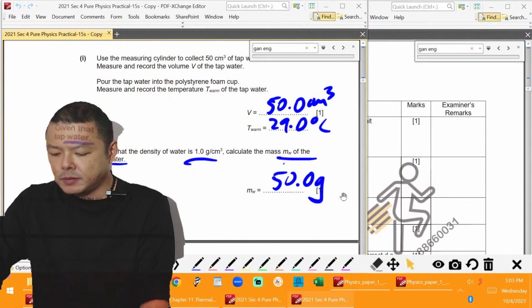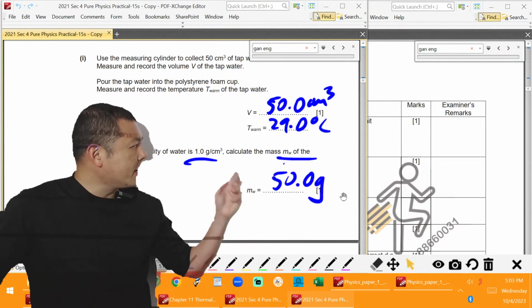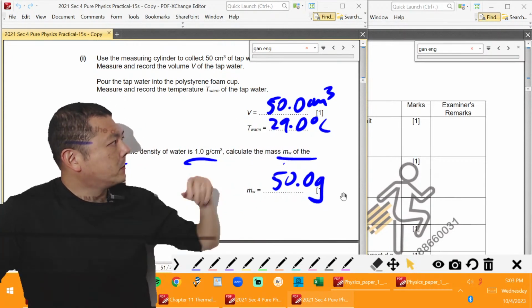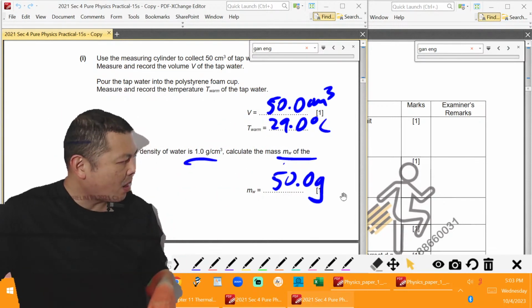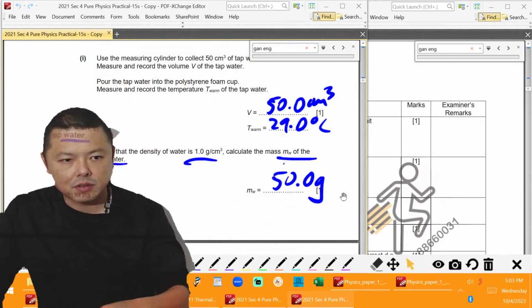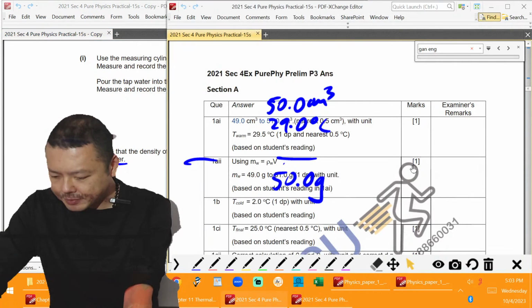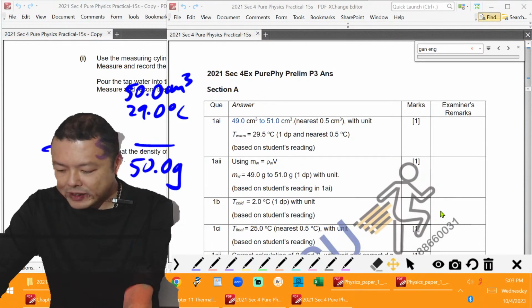This one here is a bit strange because this is a multiplication, right? So you're taking a 2SF multiplied by a 3SF. So technically speaking, this is supposed to be 2SF. It's supposed to be 50 grams, not 50.0 grams. So you take the smallest one. But the answer says you take 50.0 to 1 dp.